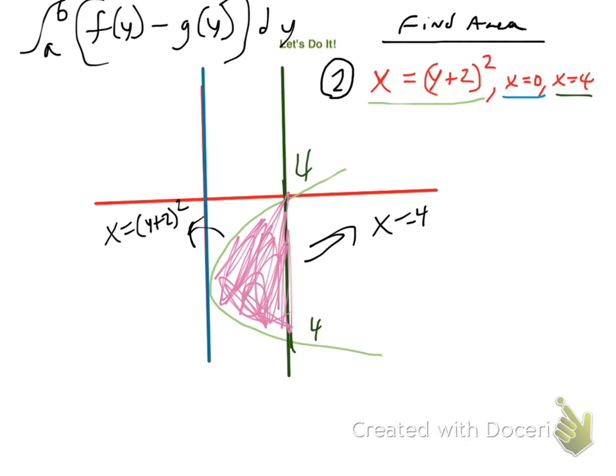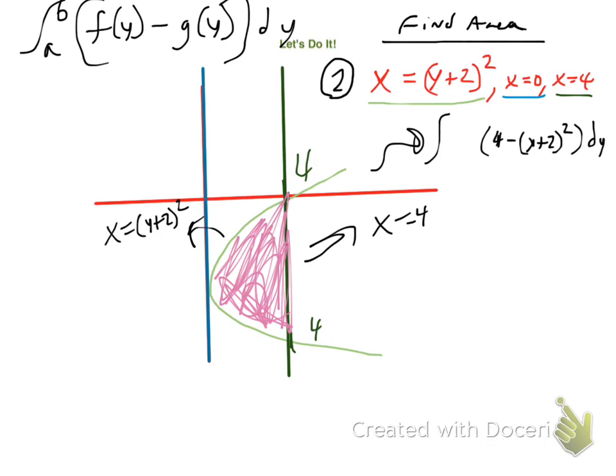And so our integral starts off with x equals 4, minus, let's see, (y plus 2) squared dy, right?